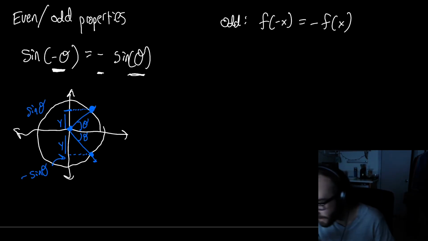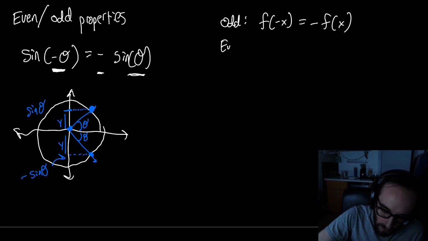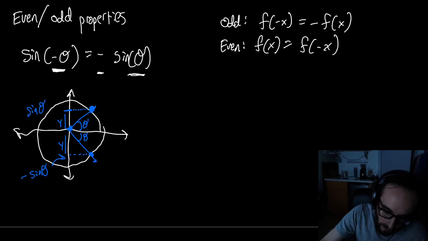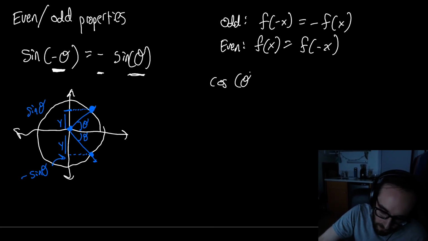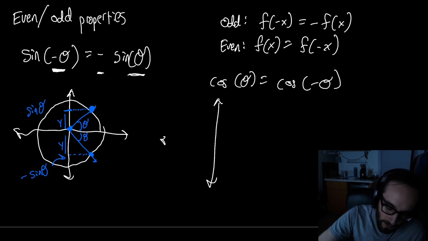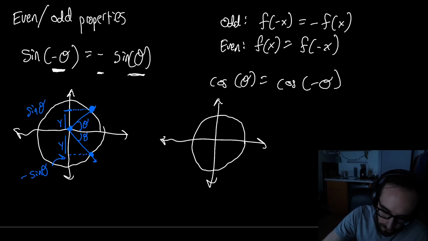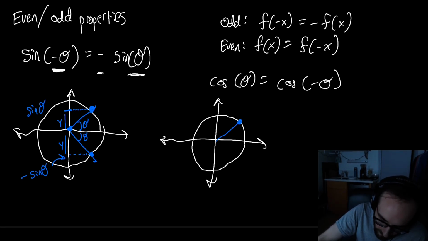Cosine, on the other hand, has the property that we looked at for even functions, where f of x is equal to f of negative x. In other words, cosine of theta is equal to cosine of negative theta. And again, we can see this by looking at our unit circle. So here we know that cosine of theta is this x distance.